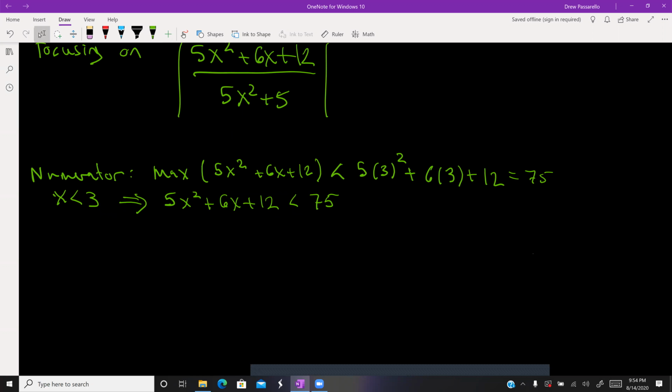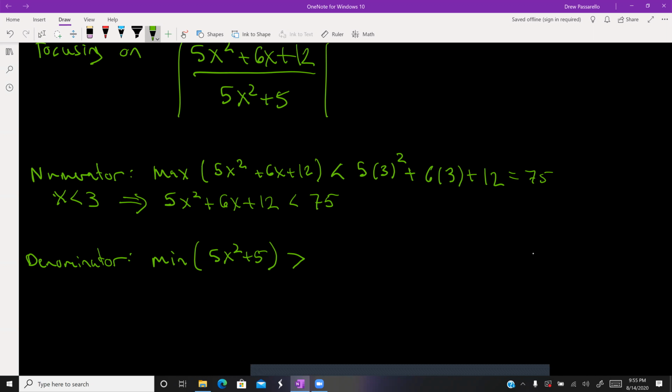Okay, so we want to pick the biggest number we can. So for the denominator, we want the smallest number for our interval from 1 to 3, for what we're dividing the numerator by. So for the denominator, we want the minimum of 5x squared plus 5. And we want that minimum to be greater than if you plugged in the smallest value for x.